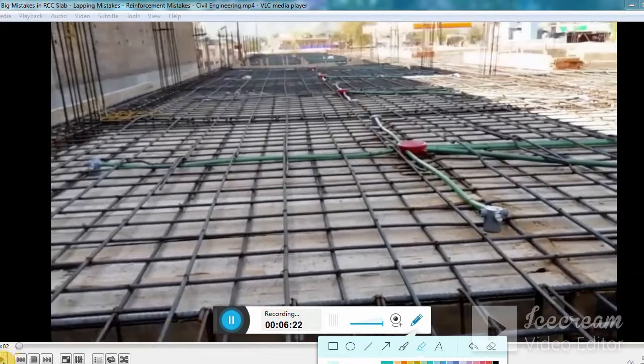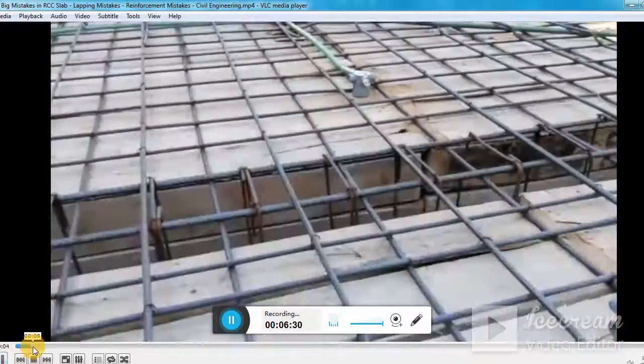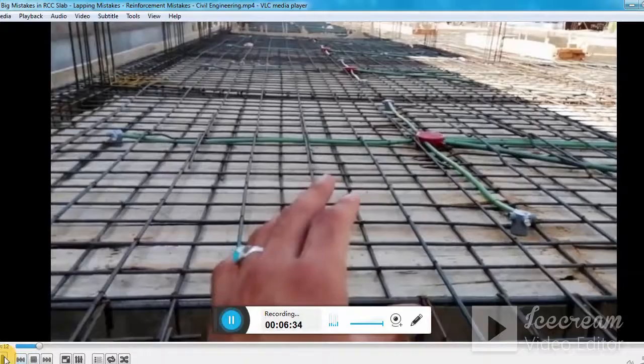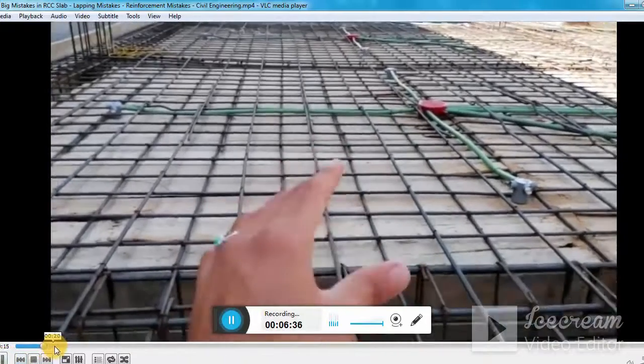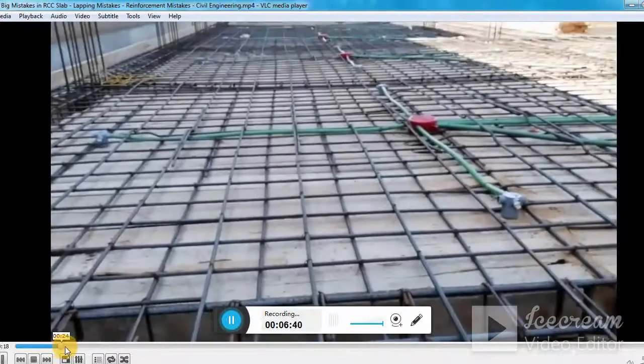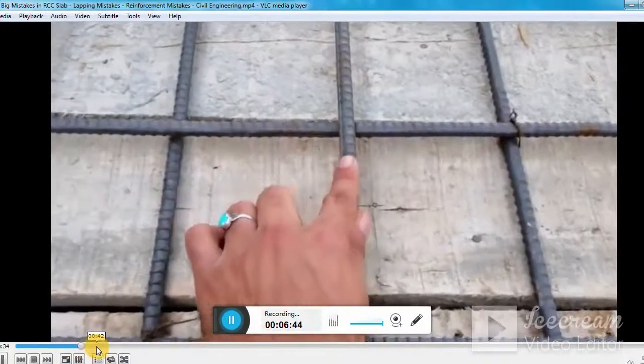Let us watch the rest of the video, okay, and see what different mistakes there are from civil engineers, and today it has been done in this RCC slab, but now they are not able to fix those mistakes which I am telling you about in this video. Let's start, guys. This is an RCC slab. The main bar and distribution bar diameter is the same, which is 12 millimeter.